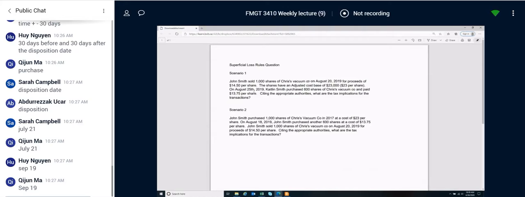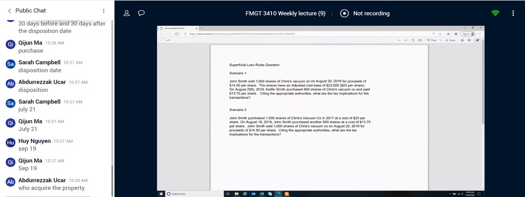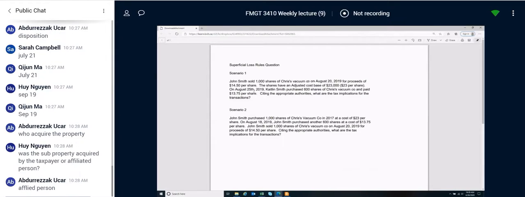What's the third thing you have to evaluate? So you have to look at the period. One, was there a disposition that results in a loss? Yes. Two, now you look at your time period. Was there a purchase? Okay, so there's a who. When we say who, who are we looking out for, who acquired the property?